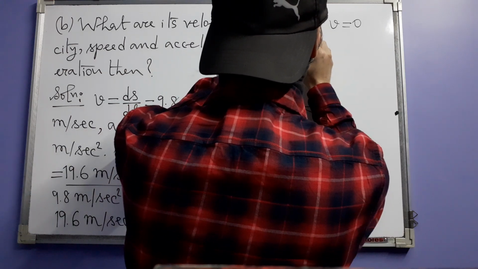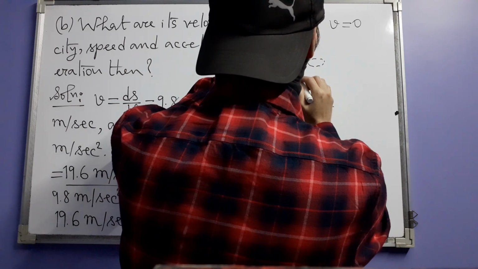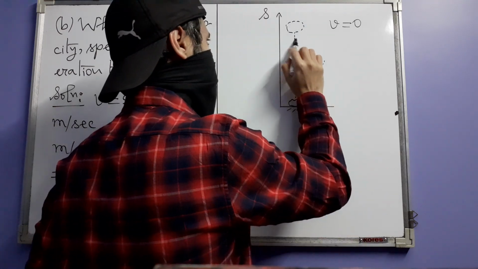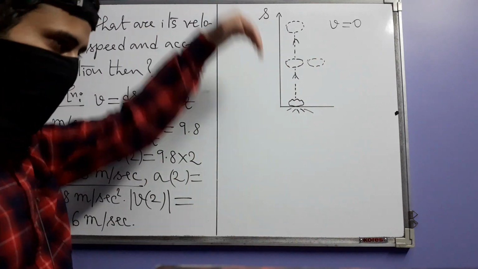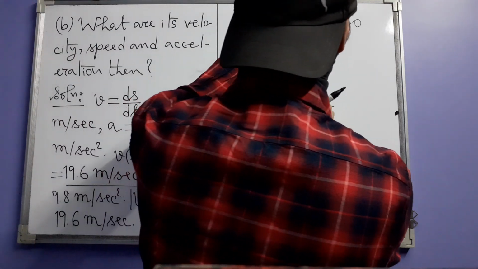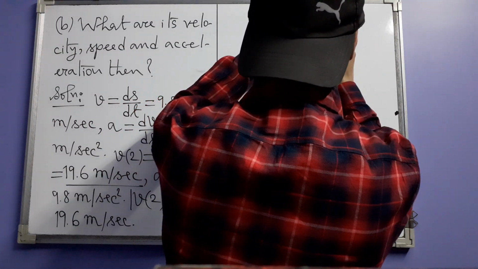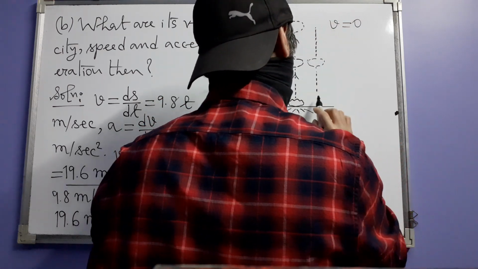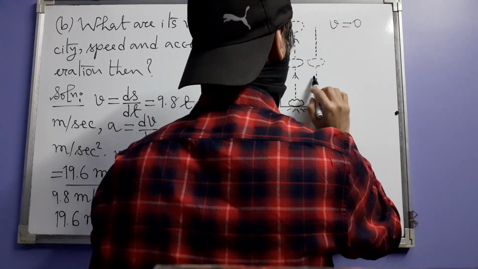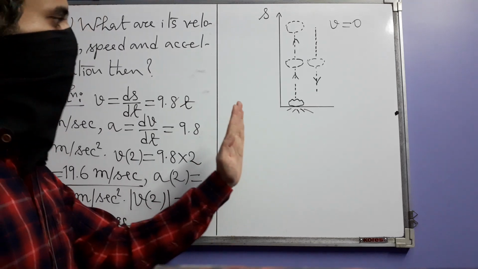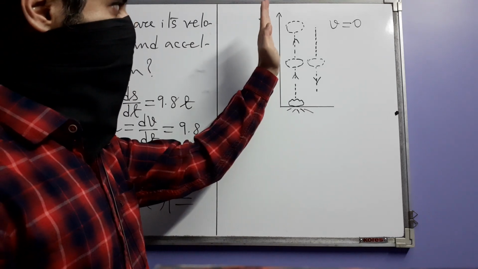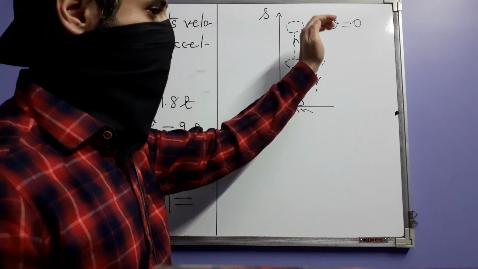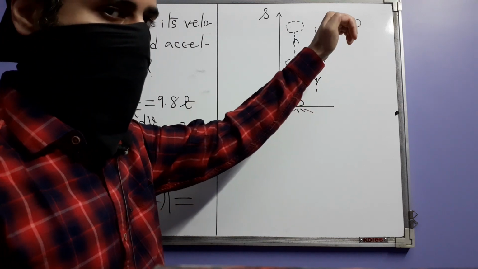So during the first half of its motion, it went up like this, but then it started to fall after reaching that maximum height. This diagram may be a little confusing. We may think that the rock went up like this and then had a slight horizontal displacement and then it came down.